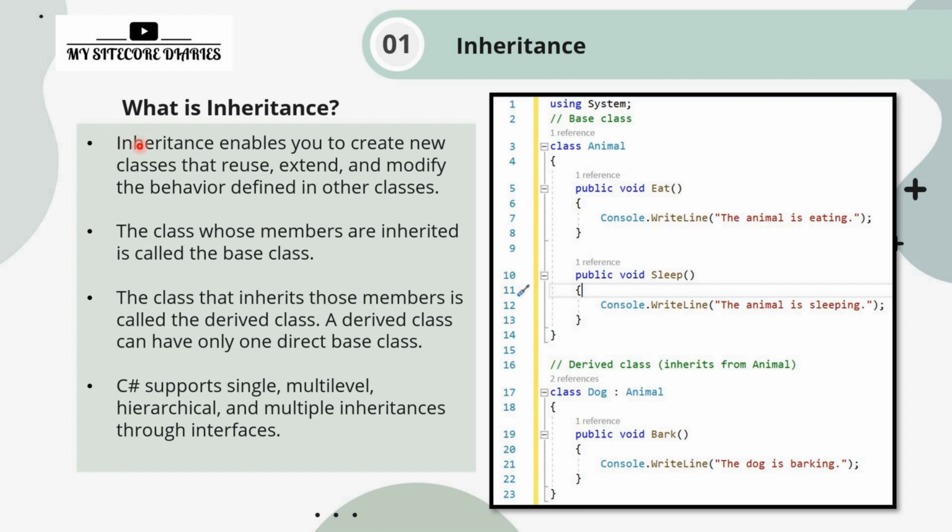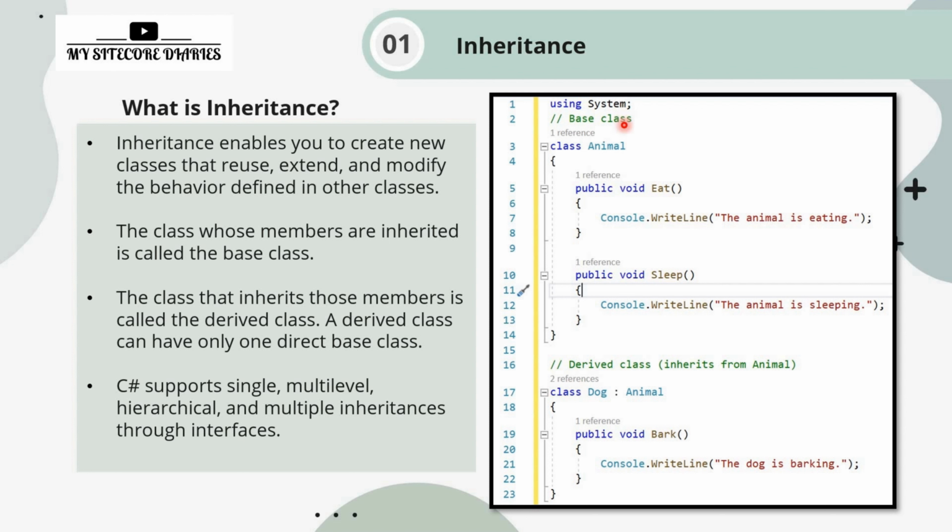So the first point, where we say inheritance enables you to create new classes that reuse, extend, and modify the behavior defined in the other class. Animal is your original class, where you have only two methods or members. If you have any functionality that you want to extend, now there is a Dog who is an Animal, and you want to extend that class.